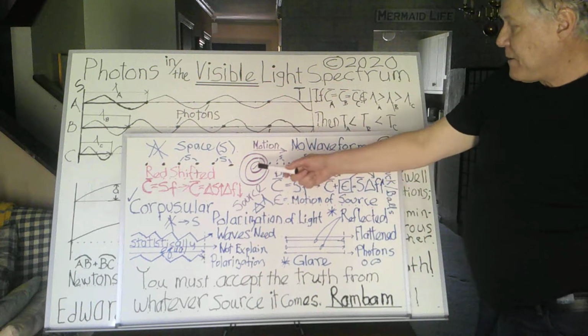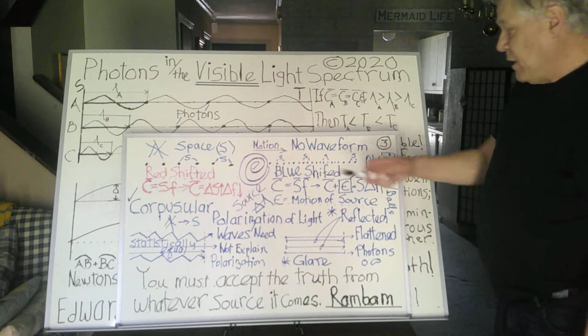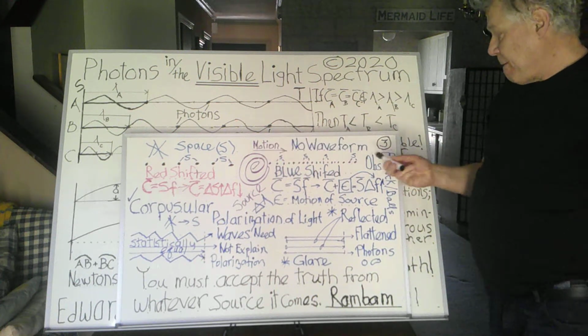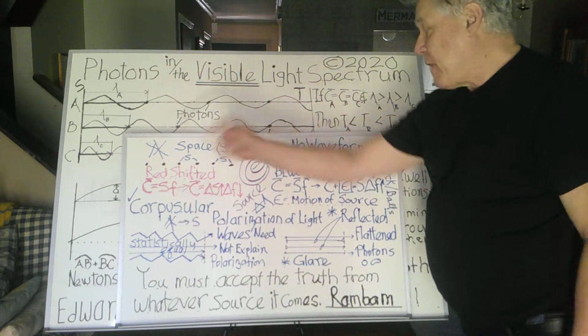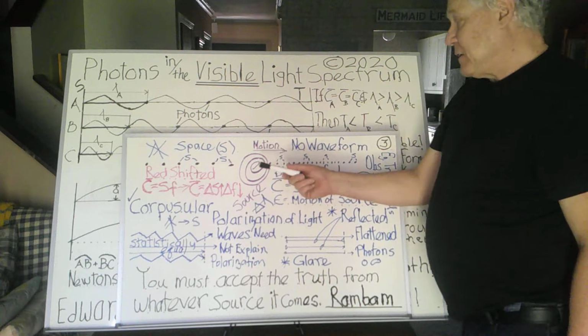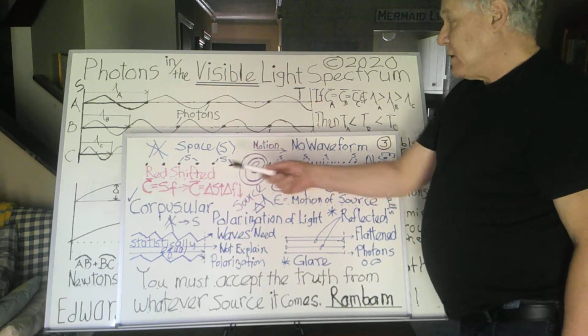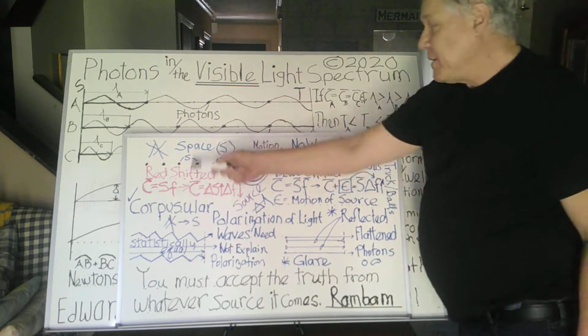Here we have, let's say, a galaxy, and it's in motion to the right. There's an observer over here. So that is redshifted. If it's moving away from somebody, it's redshifted.